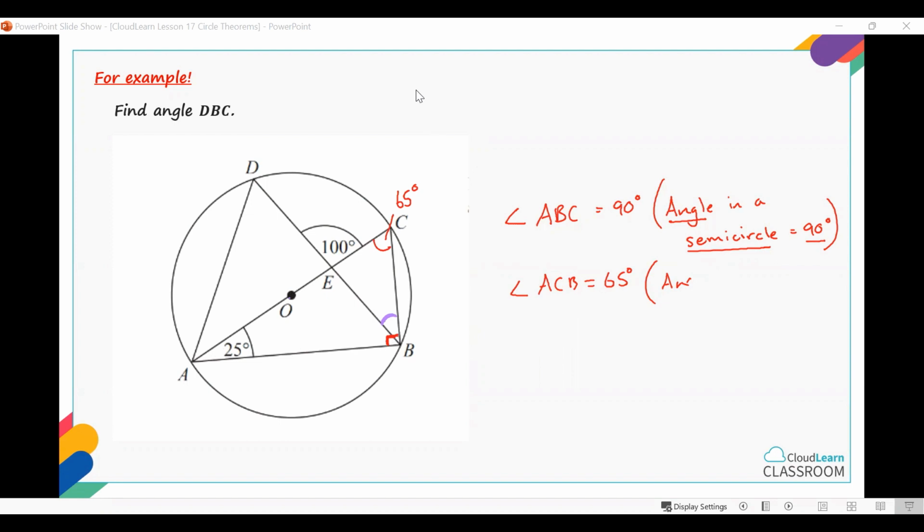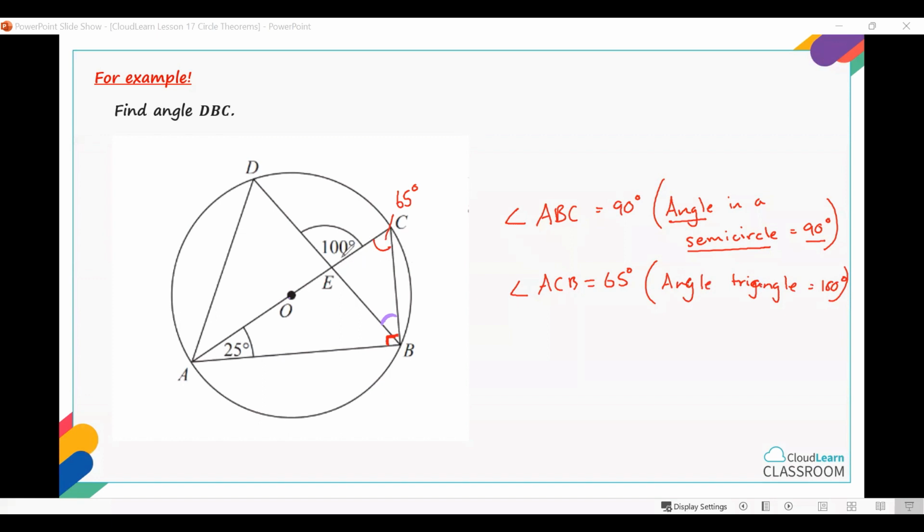I don't know why my pen isn't working though. Okay, I'm just going to tell you the reason. Angles in a triangle add up to 180. Okay, so angle, triangle, 180. Okay, so well done. You've noticed that 125 plus 90 is 115. You've subtracted that from 180 and you've got 65 there. Okay, brilliant work.